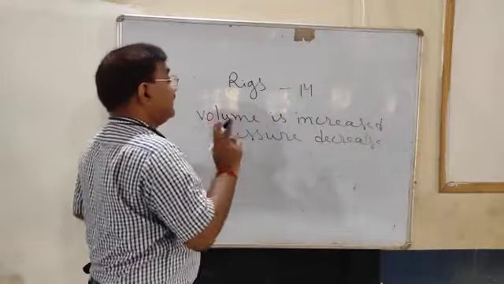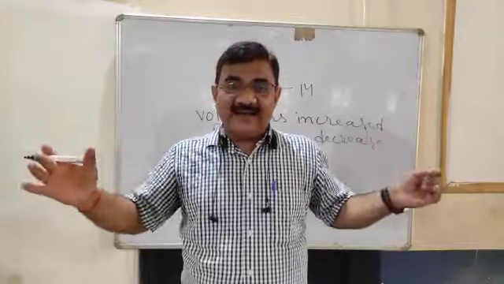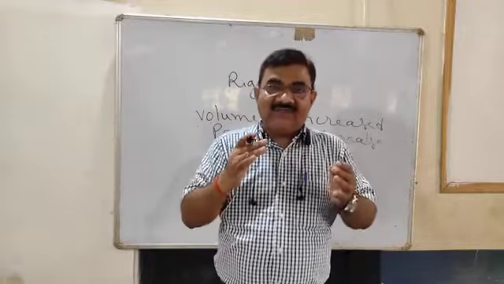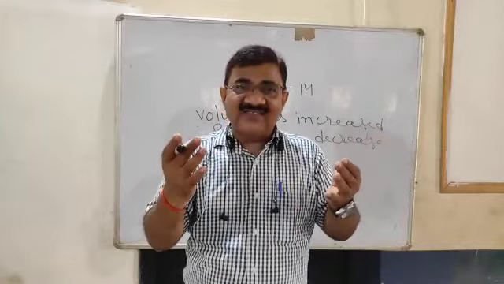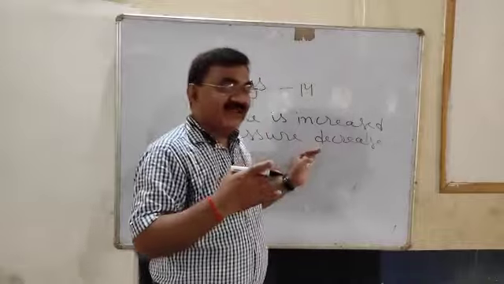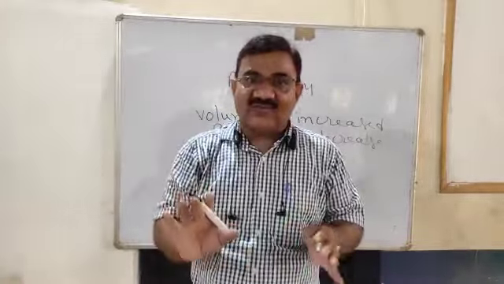Dear children, try to understand. While we expand the chest cavity, or the thoracic cavity, the volume increases. As the volume increases, the pressure decreases, and when the pressure decreases, outside air rushes into the thoracic cavity.